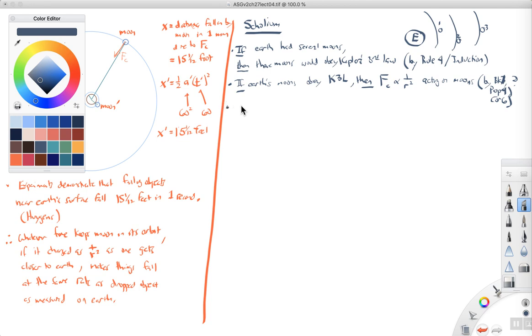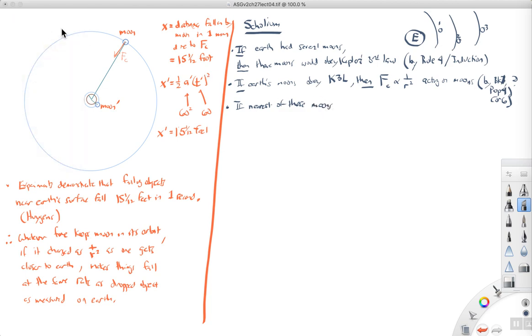Now, he says, if the nearest of these moons orbited just above the Earth's surface, it's a hypothetical situation where this one is just skimming right over the Earth's surface, right near the tallest mountain.